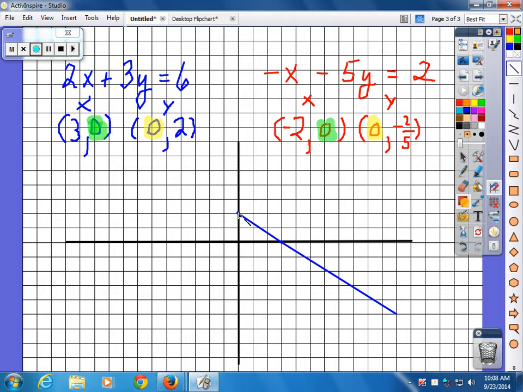Looks like that. My line's a little bit out because I have to snap to those 2 points, but that looks like the line right there. And then the other line, negative 2 and 0. Negative 2 and 0.